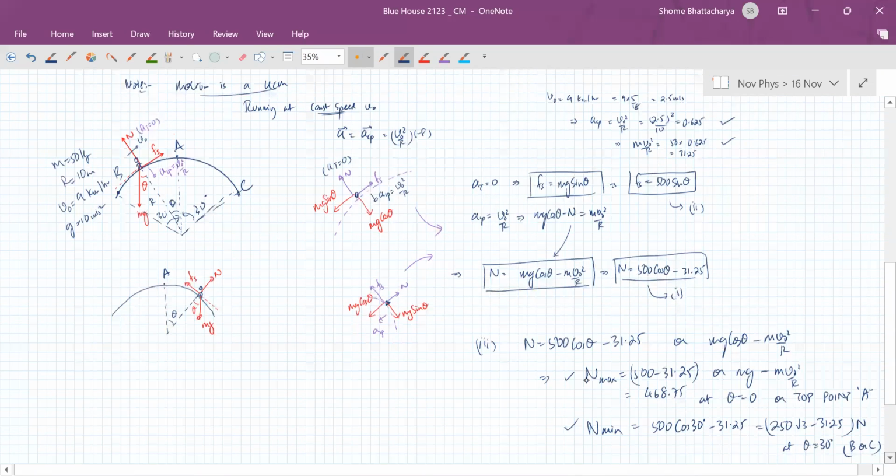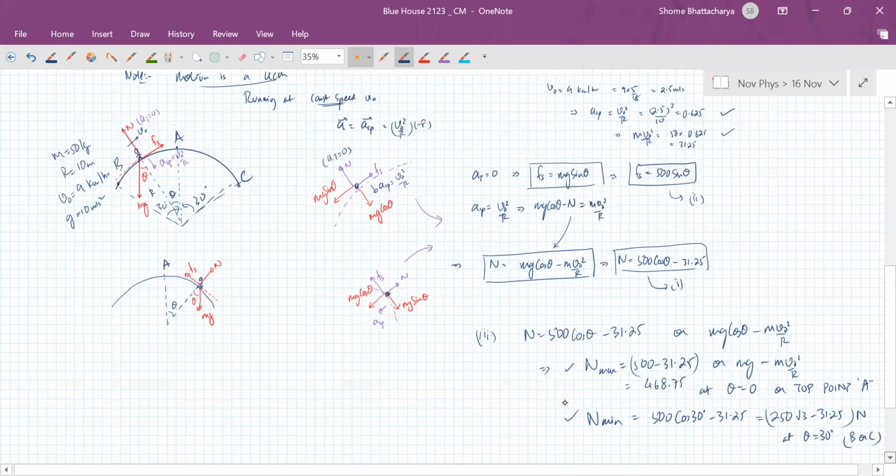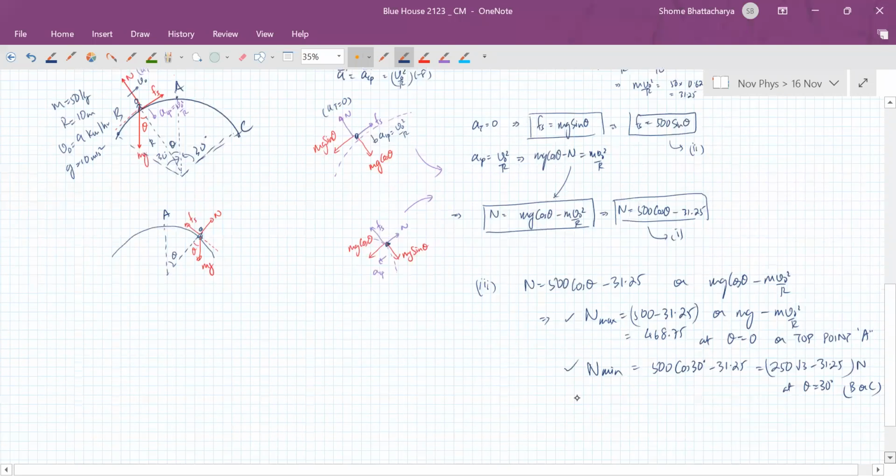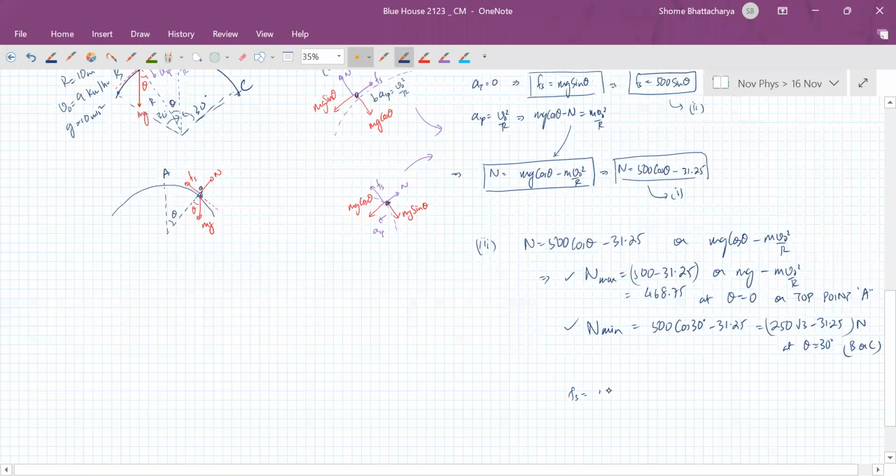Okay, so what about the maximum and minimum of friction? Have you worked it out? Friction in general is mg sine theta. So again, the range of theta is between 0 and 30 degrees now. So it will be minimum when theta is 0, that is at the topmost point.